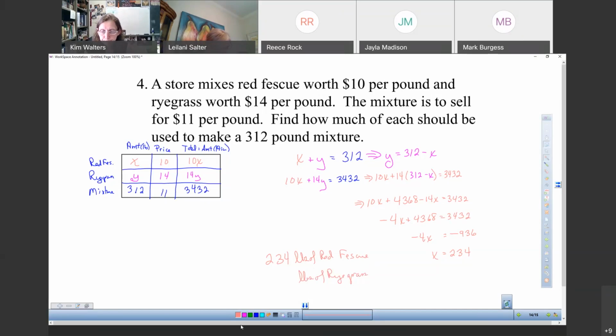Somebody help me out. I know the total has to be 312. And I know I have 234 pounds of fescue. So how many pounds? There we go. I got 78 pounds of ryegrass.